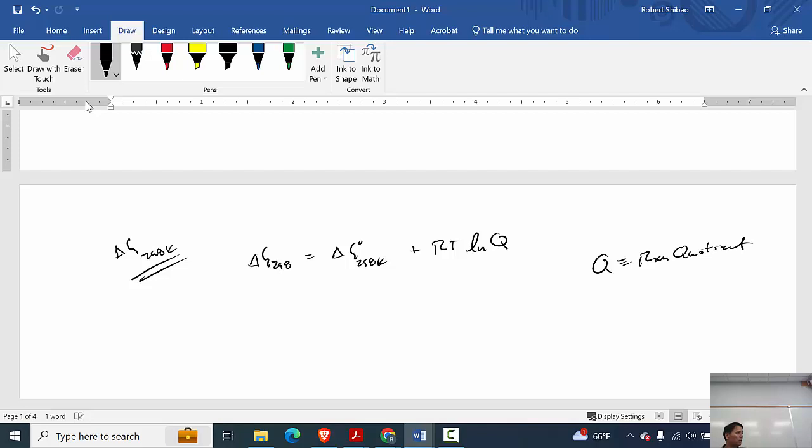The reaction quotient is what we call the activity of the products initial, or what you're given, over the activity of the reactants initial, and so on. So what is the activity?